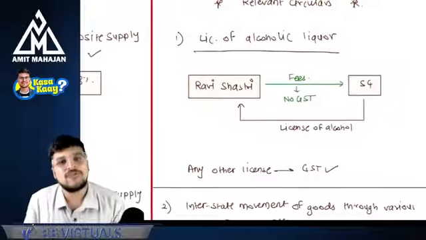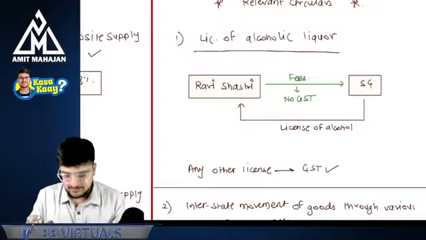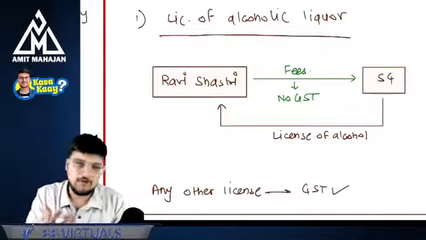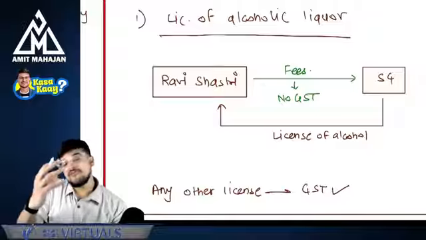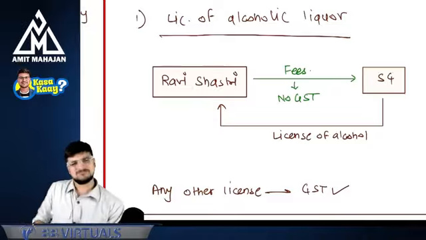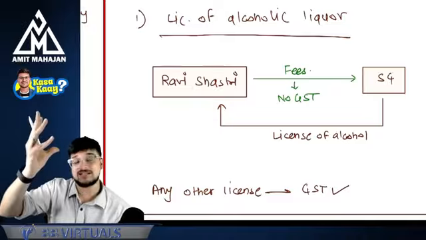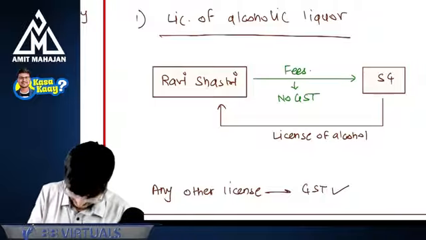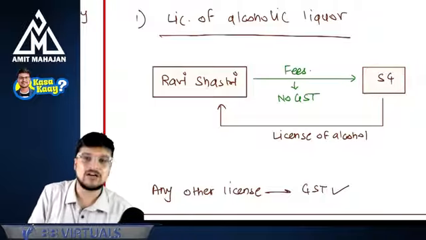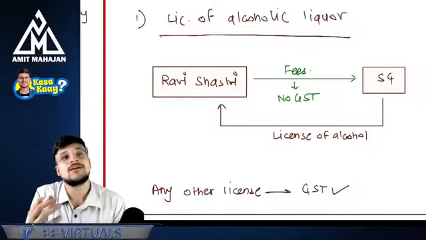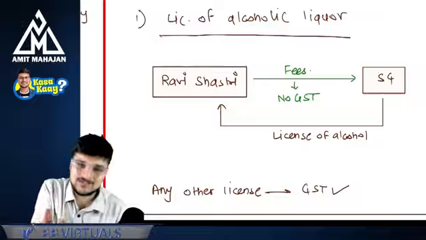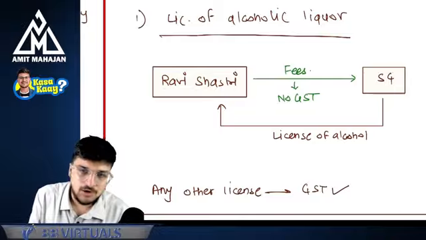First of all, license of alcoholic liquor. Say, for example, our coach Ravi Shastri feels that there is nothing in cricket now. He wants to start selling alcohol. So he goes to the state government and wants to buy a license for selling alcoholic liquor.